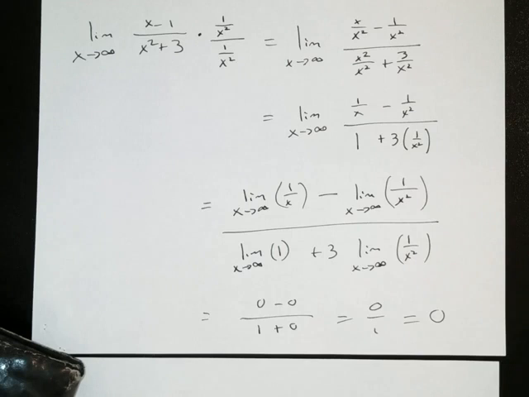So when am I going to get something else other than 0? Let me pull another one from our list of examples up here.